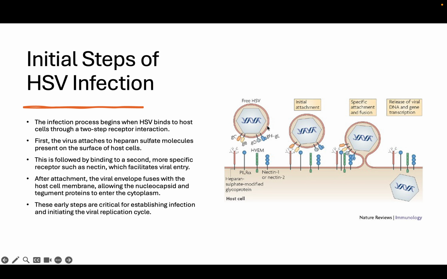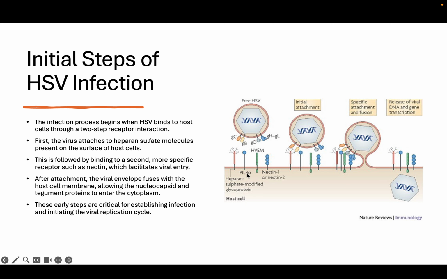This then allows the virus to bind more specifically to nectin through other glycoproteins. Nectin is what really pushes the process to create host membrane fusion, so it helps the viral envelope fuse with the host cell membrane.